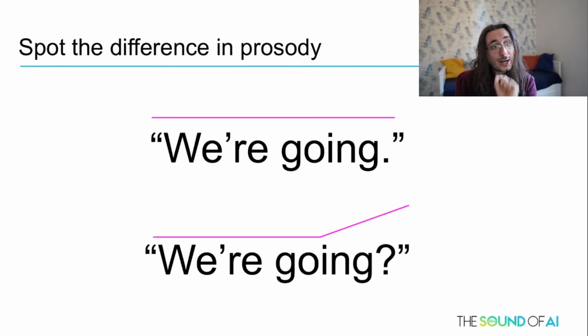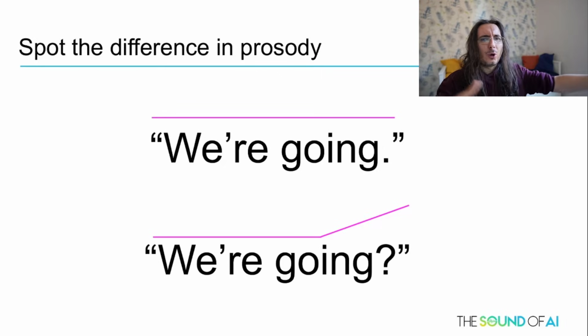Usually with a question, in English, we tend to raise the end of the sentence, the tail of the sentence. So we're going, right? And just through that pitch contour, prosody not only changes the musicality of the sentence, but also encodes meaning. Because I know that when I hear we're going, it's not something that I confirm.